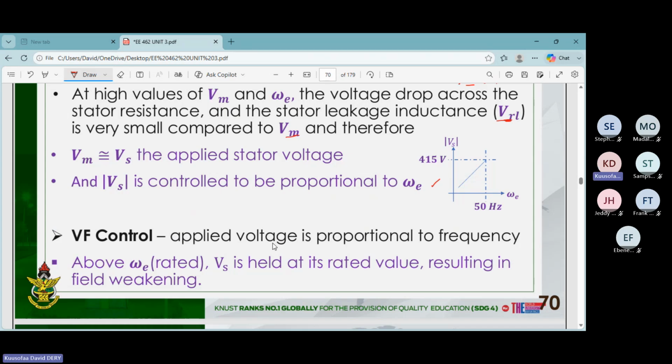Beyond that, when Vs is at its rated value, you can't go beyond that. So if you want to extend the speed range, then you have to reduce the flux, so that when you reduce the flux, the speed will increase by the same proportion.